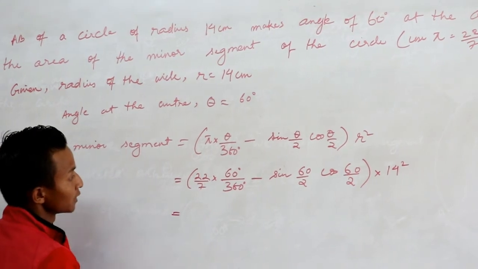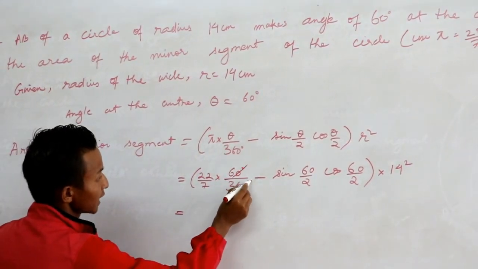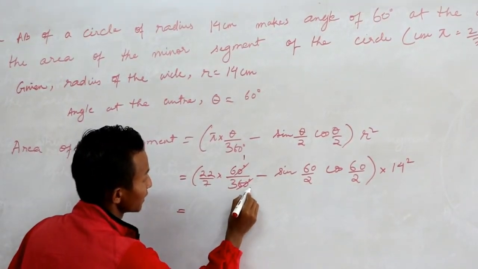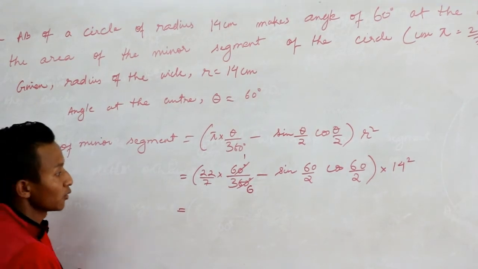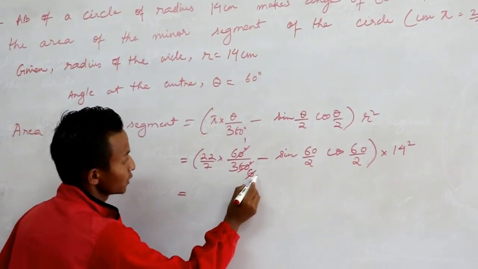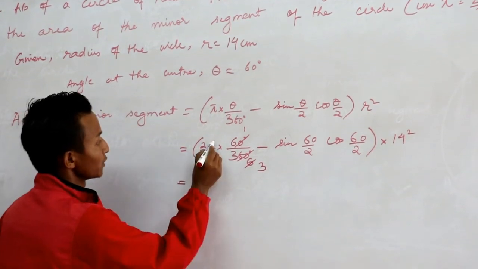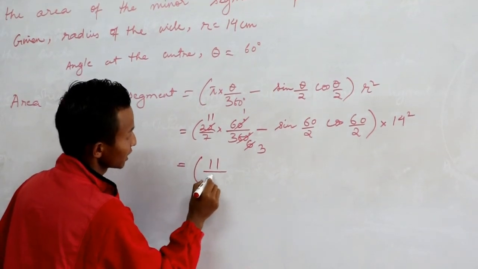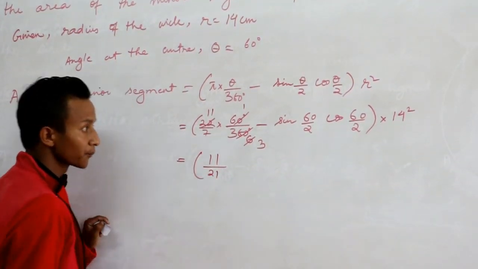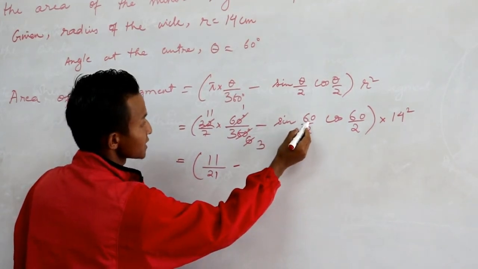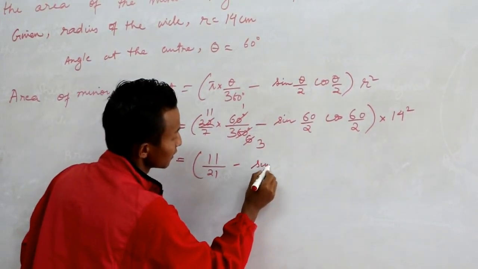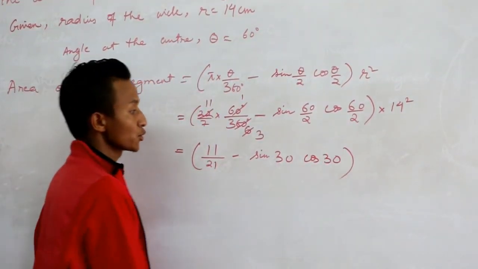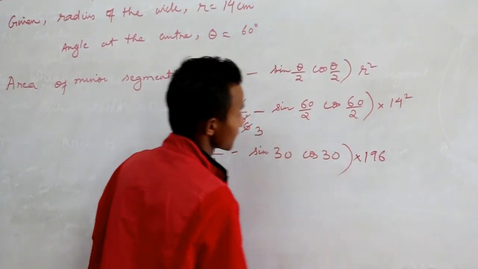So 60 and 360, we can cancel, which is equal to 1 by 6, right? And also we divide 6 by 2, we get 3, and we divide 22 by 2, we get 11. So we are left with 11 by 7 into 3, which is 21, minus sine 60 by 2, 60 divided by 2 is 30, sine 30, and also cos 30, and 14 square is 196.